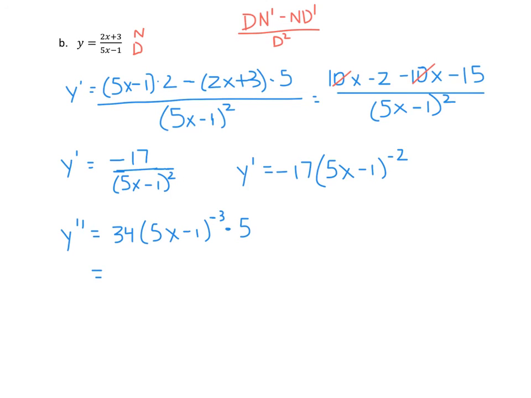So now simplifying, 34 times 5 gives us 170 times 5x minus 1 to the negative 3. Or we could write y double prime as 170 over a 5x minus 1 to the third power. And there is our second derivative, y double prime.